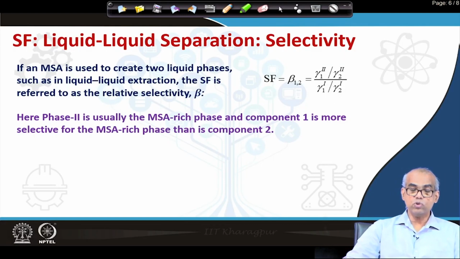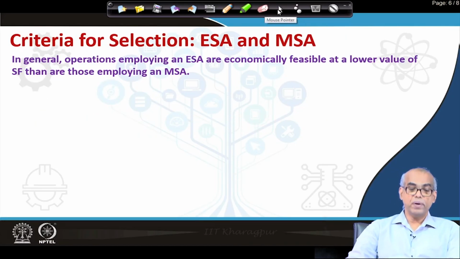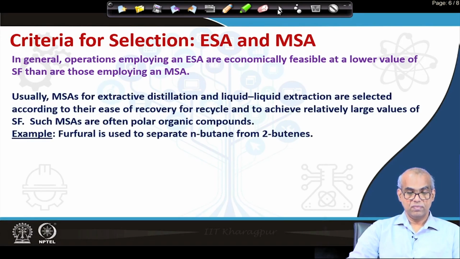Here phase 2 is usually the MSA rich phase and component 1 is more selective for the MSA rich phase than is component 2. In general, operations employing an energy separating agent are economically feasible at a lower value of separating factor than those employing a mass separating agent.